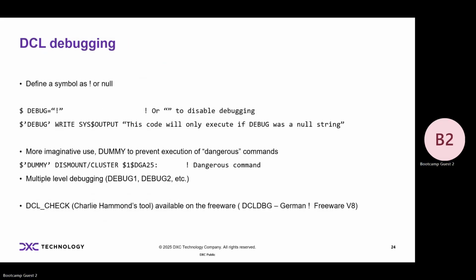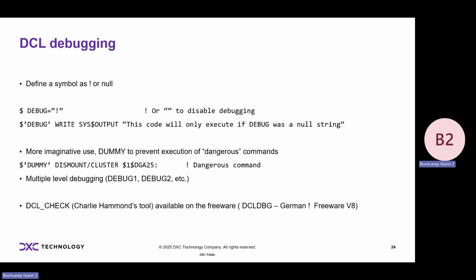So debugging DCL can be a bit of a pain. One of the techniques I've used is you can actually create a symbol called debug and simply set it as the exclamation point, or you can set it as blank. So when DCL encounters the symbol, it'll either execute that line or it will just skip it.